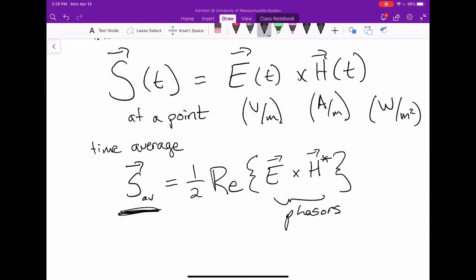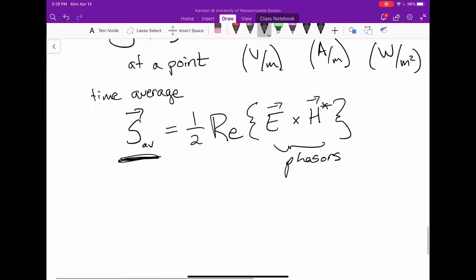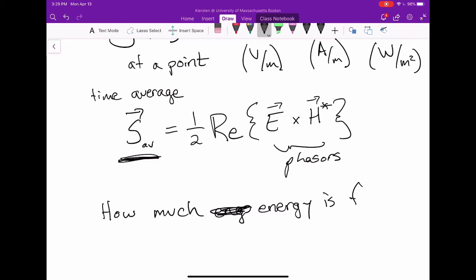What is the Poynting vector good for? It can tell you some important things. In particular, it can tell you how much energy is flowing through here.